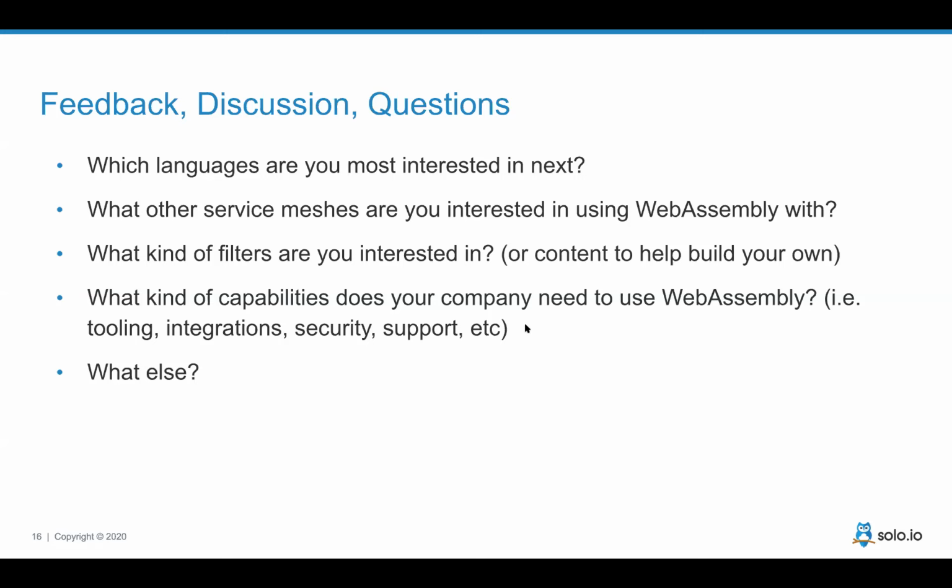Maybe a private version of WebAssembly Hub would be a nice tool for us, since we are doing an enterprise project and we cannot share every plugin which we write. Also, we are waiting for support for Istio 1.6, since we want to use the newest version. So these are the features we are most interested in.